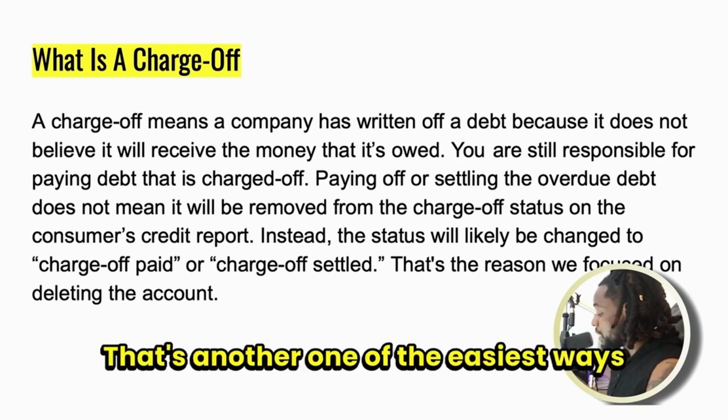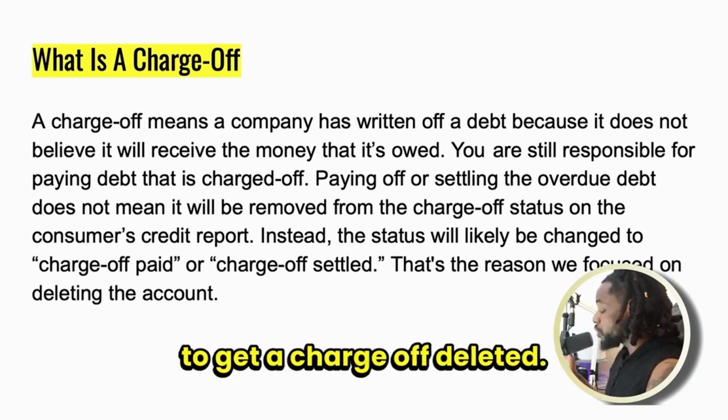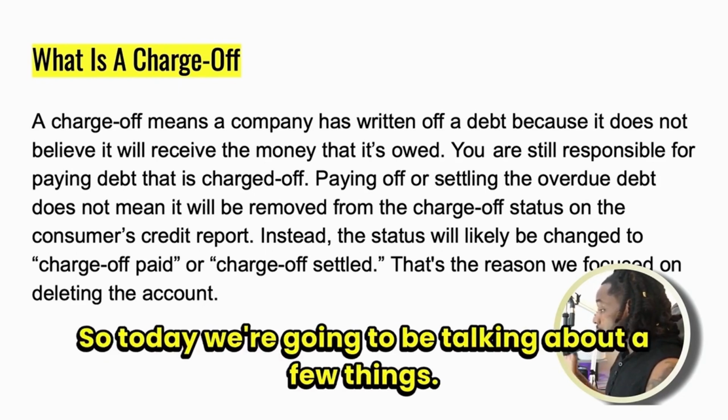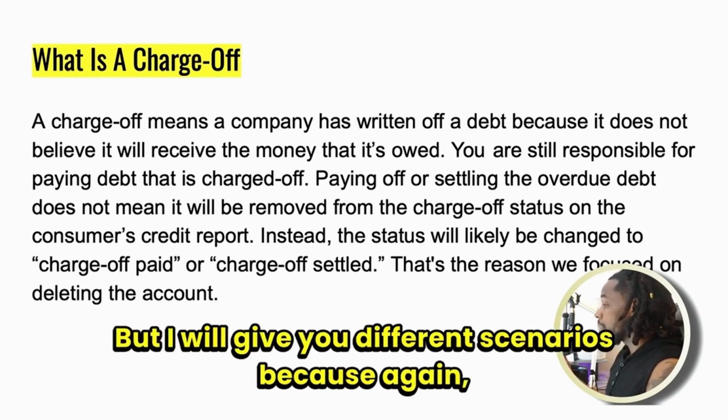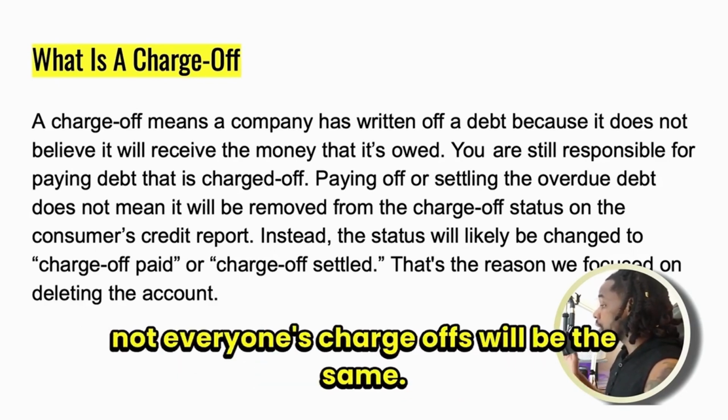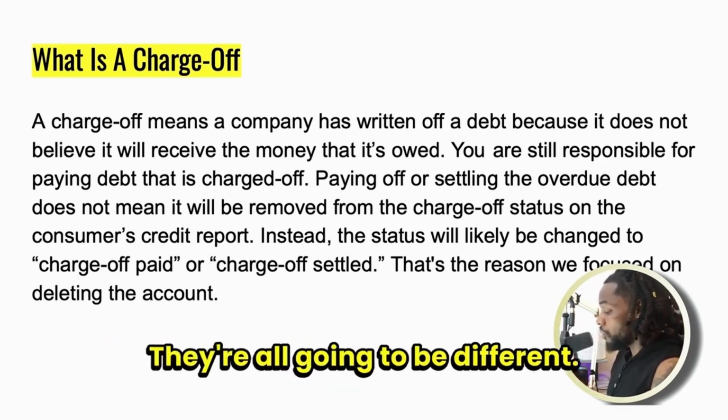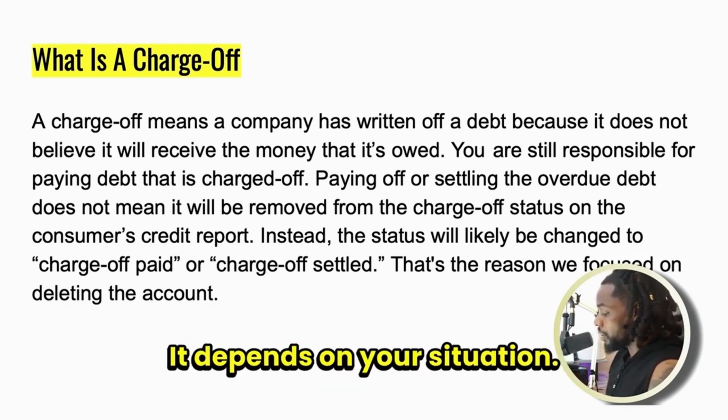That's another one of the easiest ways to get a charge off deleted. So today we're going to be talking about a few things. Factual disputes will be the main topic of conversation, but I will give you different scenarios because, again, not everyone's charge offs will be the same. They're all going to be different. It depends on your situation.